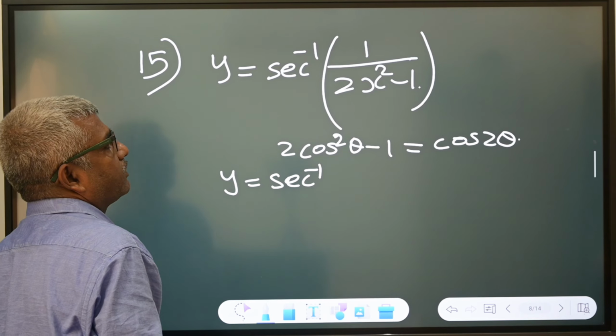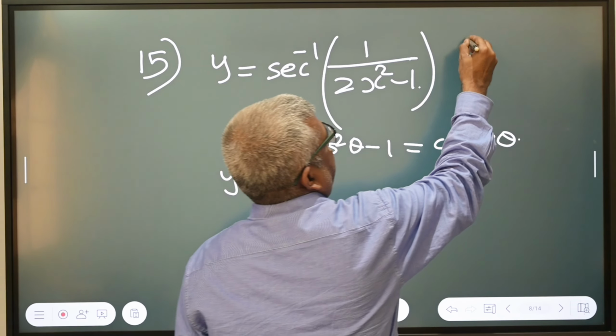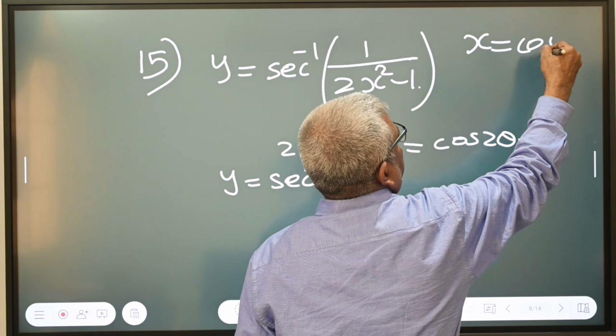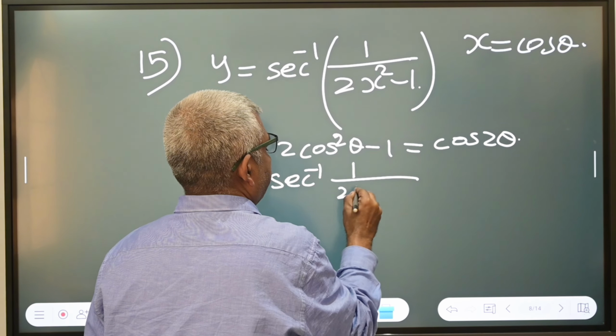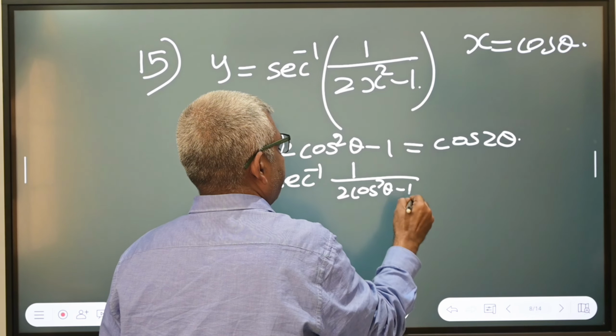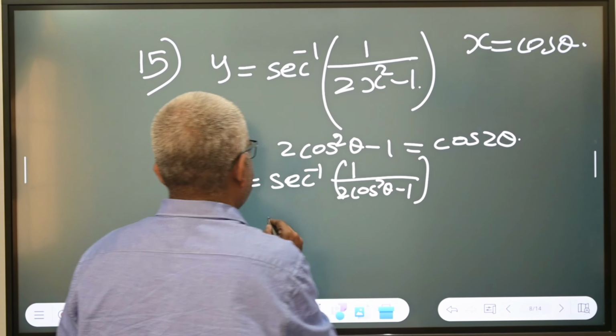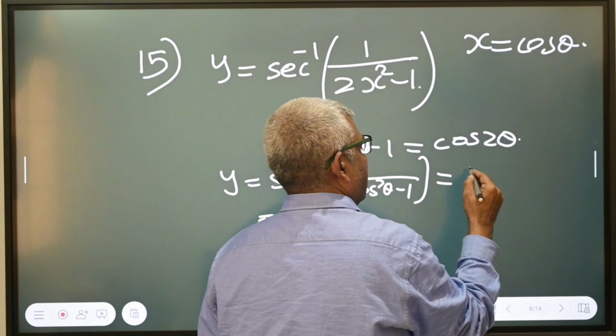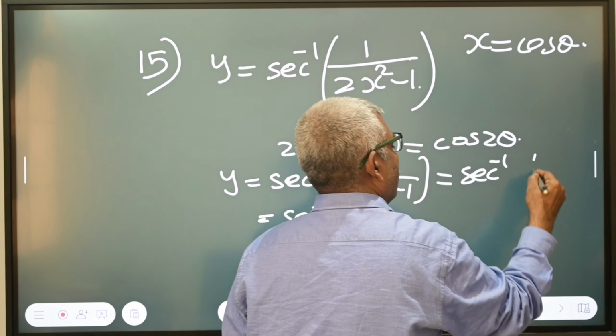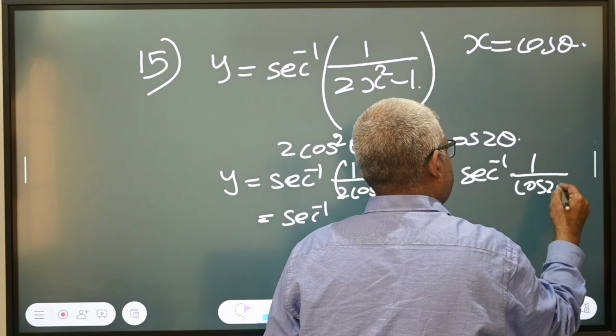So y equal to secant inverse. Let x is equal to cos theta here. Secant inverse of 1 over 2 cos square theta minus 1, which is secant inverse of 1 over cos 2 theta.